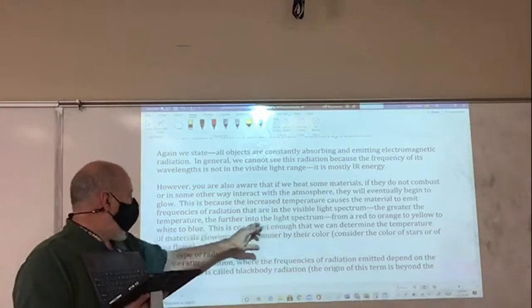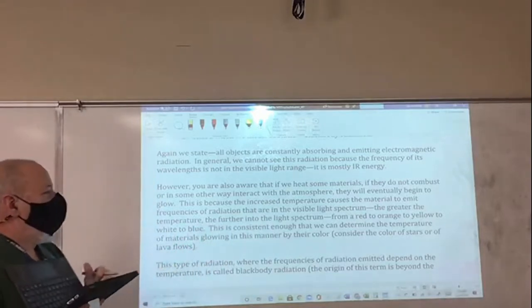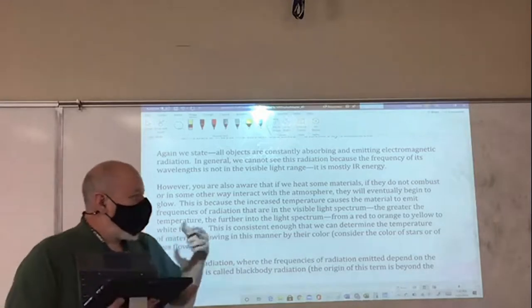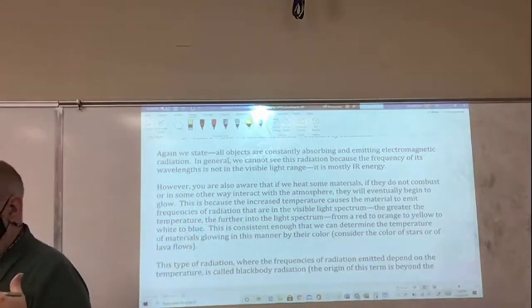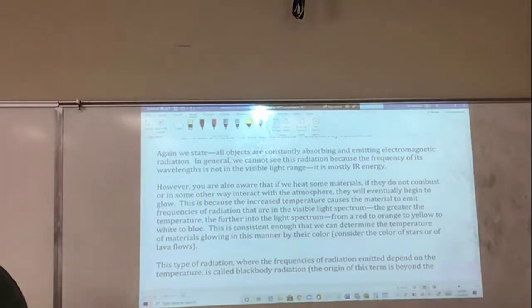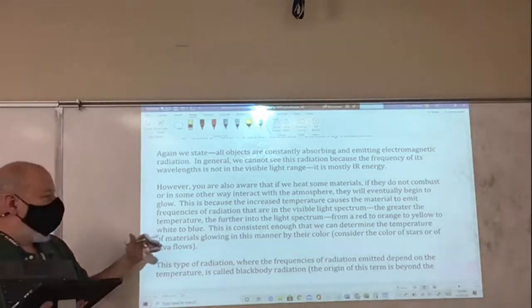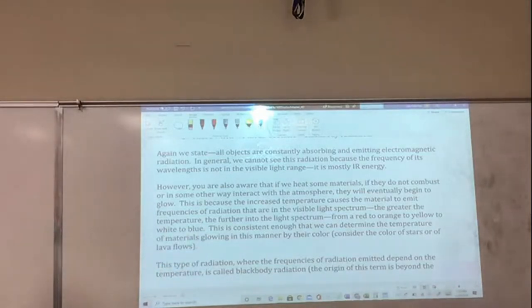Okay? The greater the temperature, though, the further into the light spectrum we get. We go into the orange and then to the yellow, and then we get to a point where we start to see all of these colors being emitted, and when all those colors are emitted, we see white light. And then it will even get to a higher level where we'll see it glowing a bluish color.